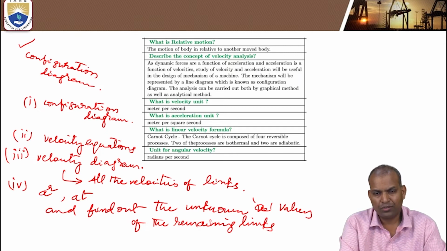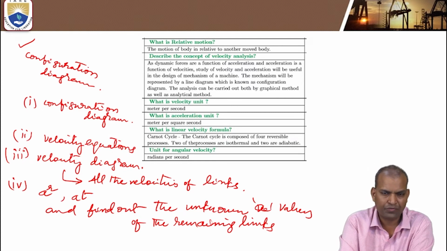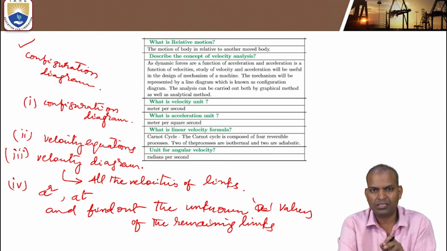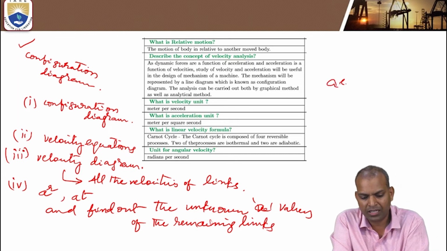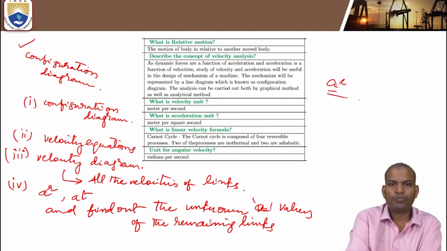These velocity values are useful to find out the radial component of acceleration, that is v square by r. V is the velocity which comes from the velocity analysis, where r is the length of the link. By substituting in this formula, we get the radial acceleration. But what about tangential components?